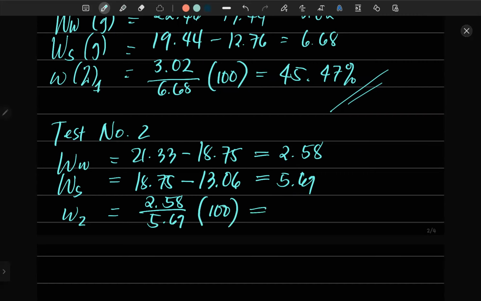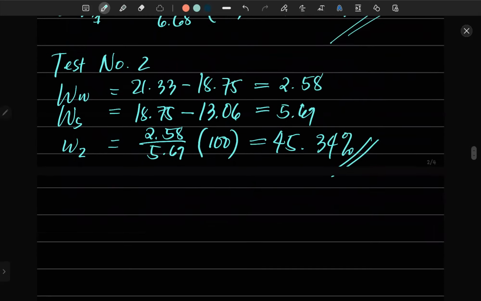This is equal to 45.34%. So this is our moisture content for test number 2.